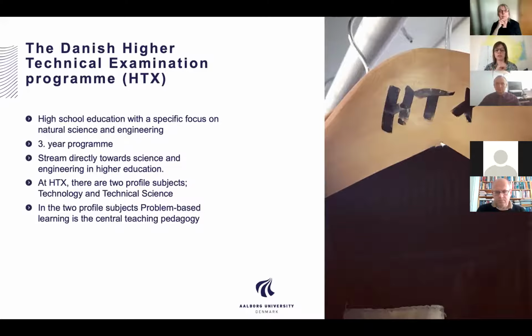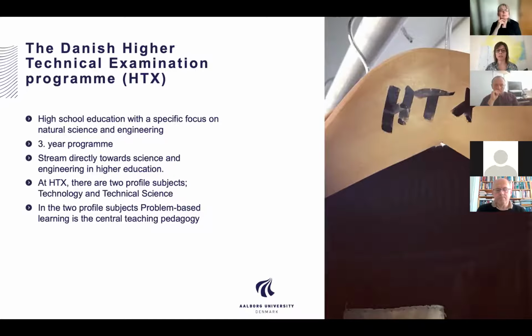Then in the third year, they have what is called the technical science subject, where they can choose a specific field, depending on what they want to study afterwards. Could be building, could be design. There are specific programs.